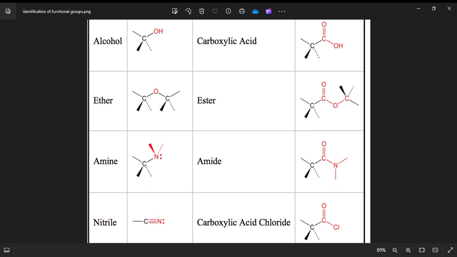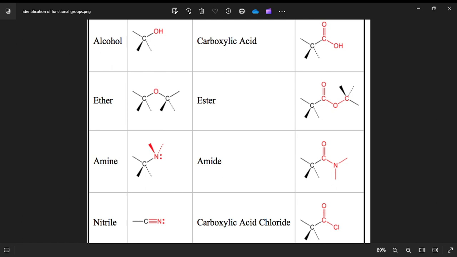Whereas phenol will only dissolve in sodium hydroxide without dissolving in NaHCO3.